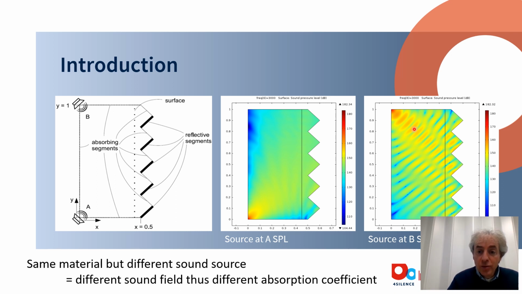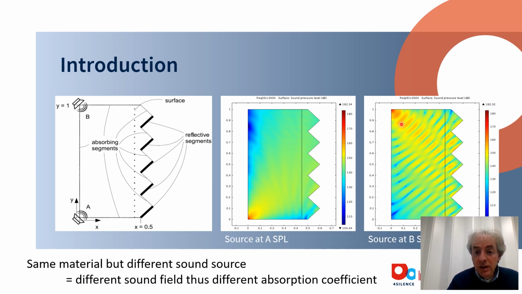And that has to do with the direction of where the sound is coming from. If the source is on the left bottom corner, you see most of the sound rays propagating into these absorbing segments, and they're going through the louver door. However, if you put the sound source on the top corner, the sound rays reflect onto these reflective segments and bounce back to the sound source.